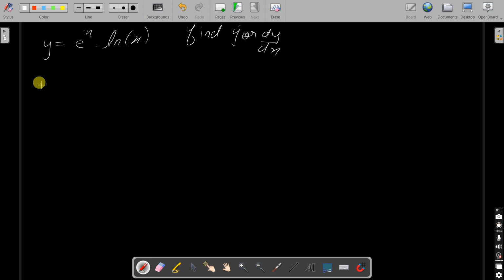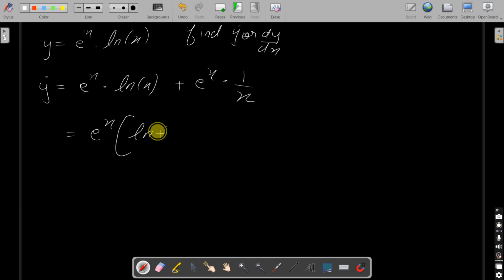So dy by dx will be e to the power x, whose differentiation is the same, times ln x, plus e to the power x times 1 upon x. Now we can take e to the power x common. So e to the power x comes out common, ln x plus 1 upon x. This is our answer.